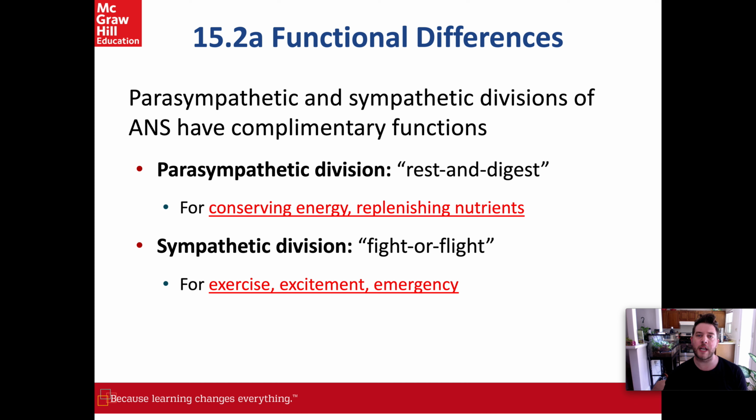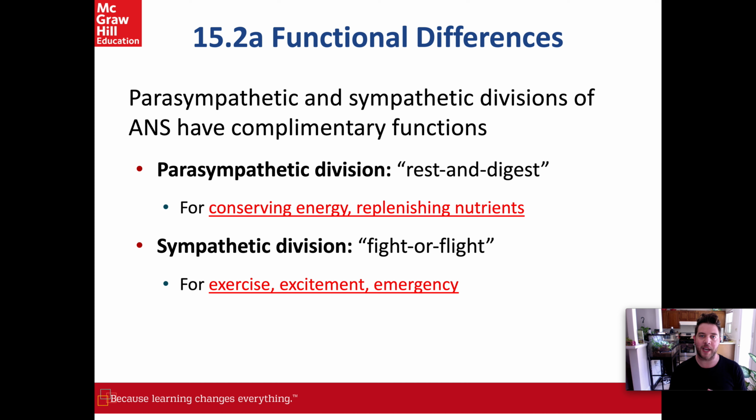So the two different divisions of the autonomic nervous system. We have the parasympathetic, which is our rest and digest, and the sympathetic, which is the fight or flight. They have complementary functions. It doesn't mean that every organ, every effector is going to have both a parasympathetic and a sympathetic innervation. We'll see that some only have sympathetic and some have stronger innervations from one division than the other.